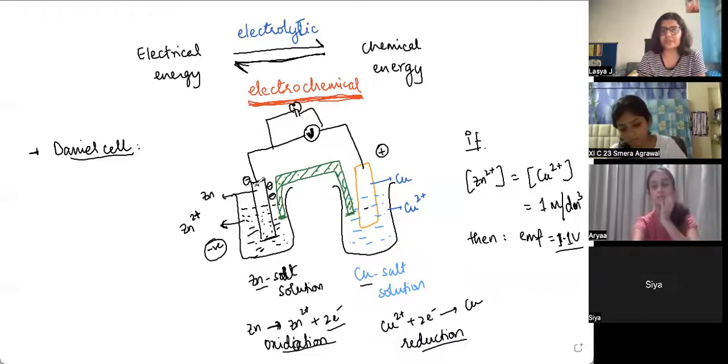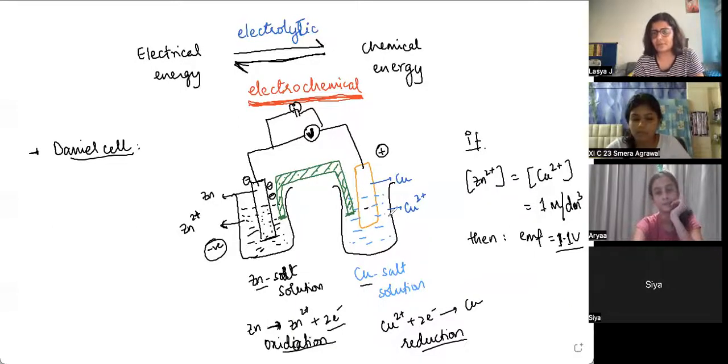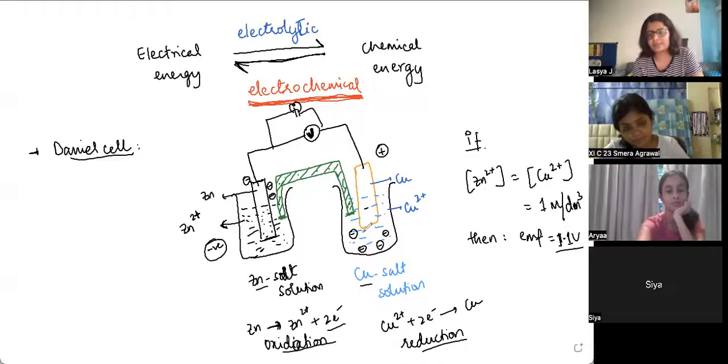So you have more electrons produced here, which start flowing towards copper, where copper ions from the solution absorb them. And if Cu2 plus is absorbing the electrons, the concentration of negatively charged ions increases over here. You need to keep that under control, so that is what the salt bridge is for. It forms a bridge between both. It enables ion exchange.